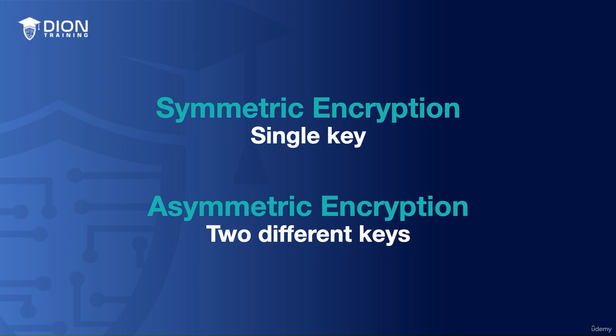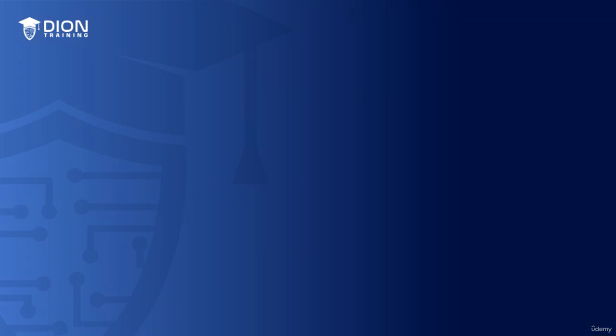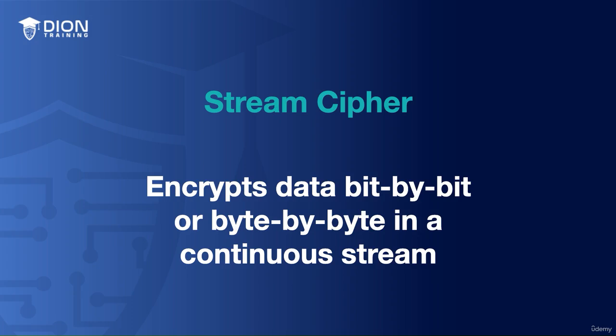So remember, symmetric encryption is a method of encryption where the same key is used for both the encryption and decryption of data. Asymmetric encryption, on the other hand, is a system of encryption in which two different keys are used, one for encryption and one for decryption. There are also two different types of ciphers that we can use. These are stream ciphers and block ciphers. A stream cipher is an encryption algorithm that encrypts data bit by bit or byte by byte in a continuous stream.